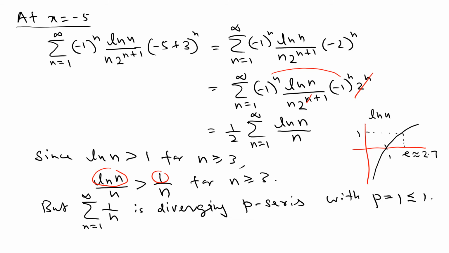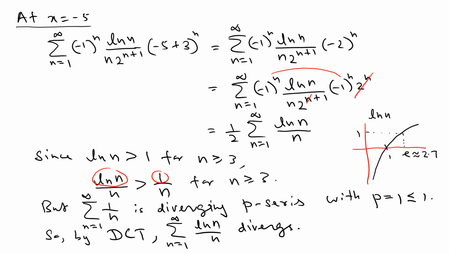So by the direct comparison test, the series ln n over n diverges. That means at x equal to negative 5, the series is going to diverge, so that is not in the convergence interval.